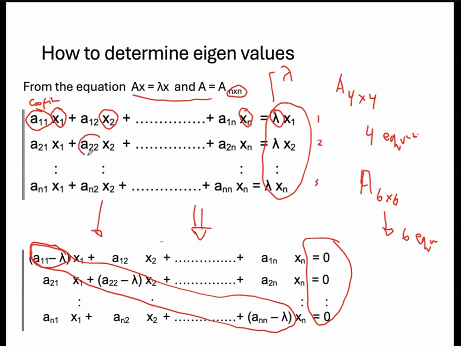In the second equation, again, we subtract coefficient a22 with lambda. And in the last equation, we subtract coefficient ann with lambda. So this equation, we will use it to determine the eigenvalue.